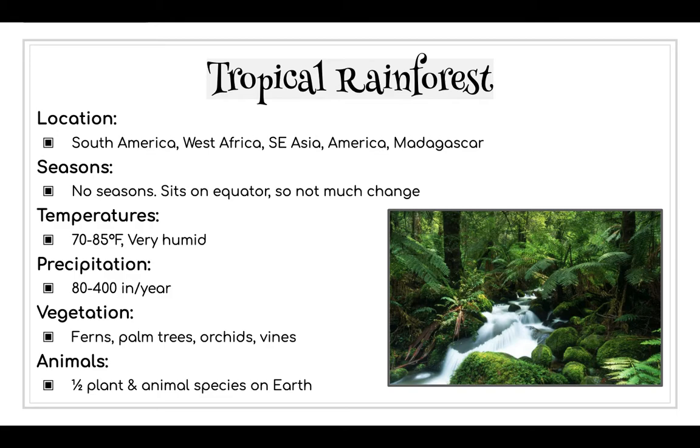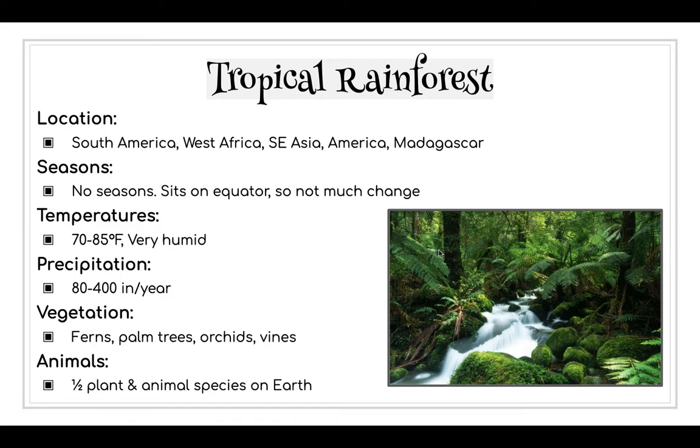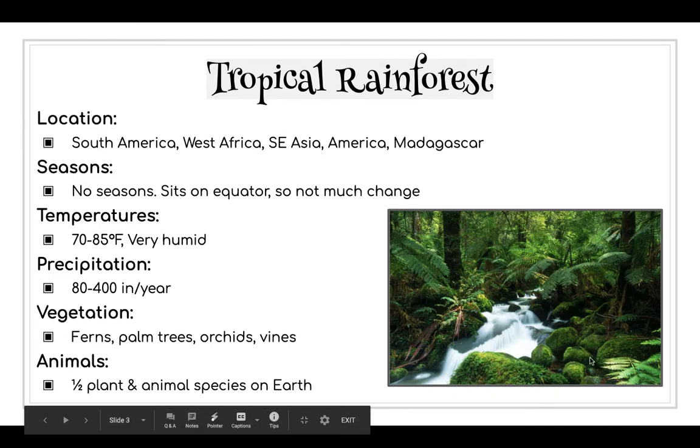Inside of a rainforest, there are three levels of vegetation. On the top, you have your big trees, and they create a canopy, so not a whole lot of sunlight is getting through. You can see that in this picture. In the mid-level, you have ferns, some vines, and orchids. On the bottom, there's not a whole lot of actual vegetation.